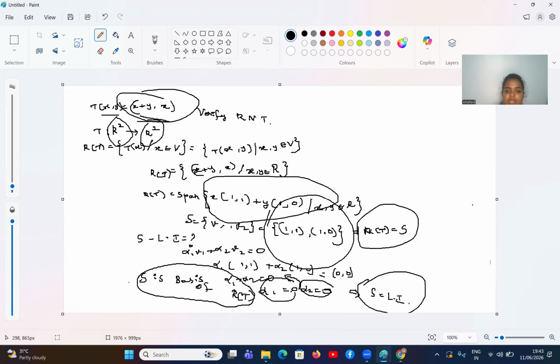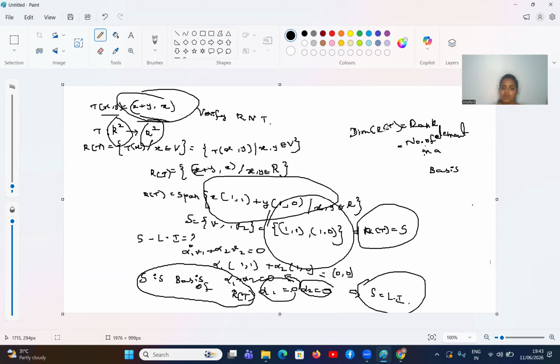So what is the dimension? The dimension of R of T is equal to the rank, which is equal to the number of elements in a basis.